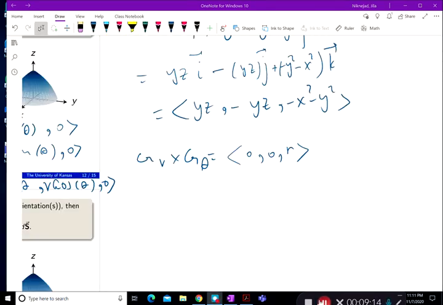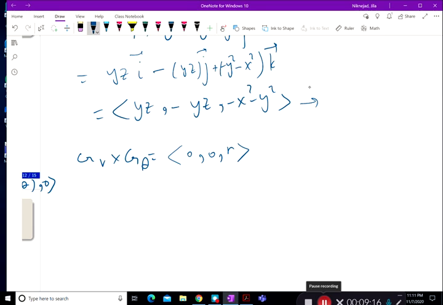Now parameterize this surface also, and that would give you y and z as 0 and 0, and here it gives you negative r squared.